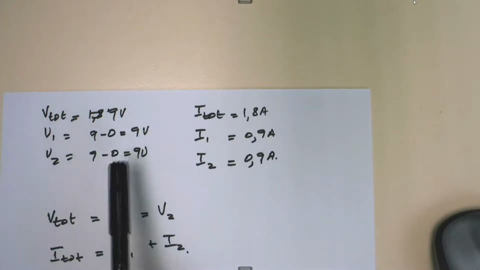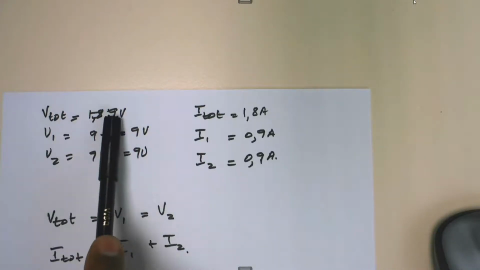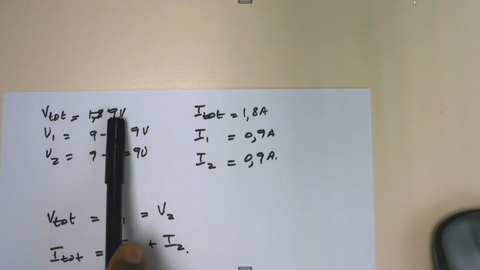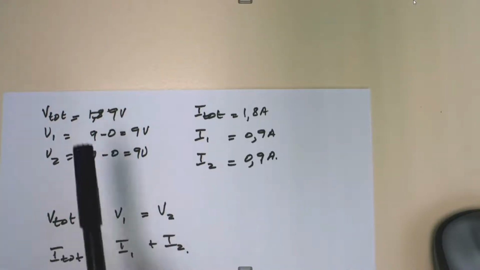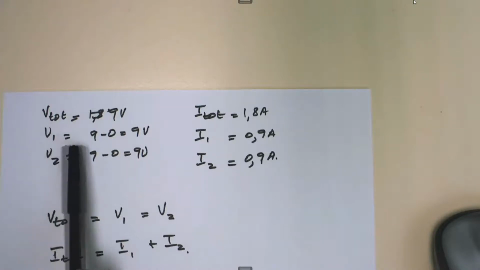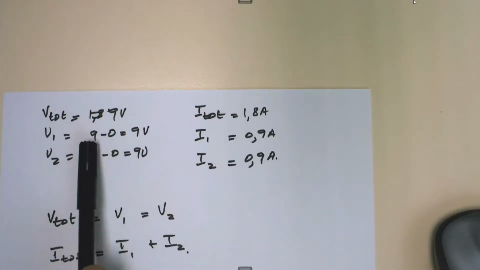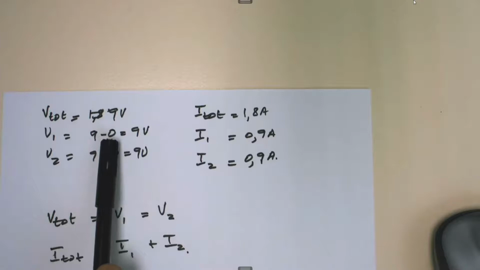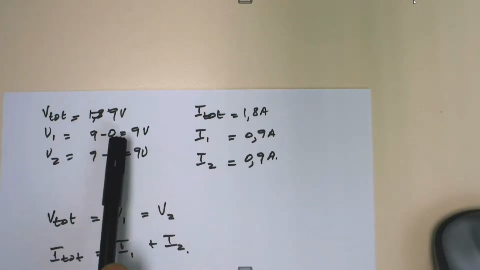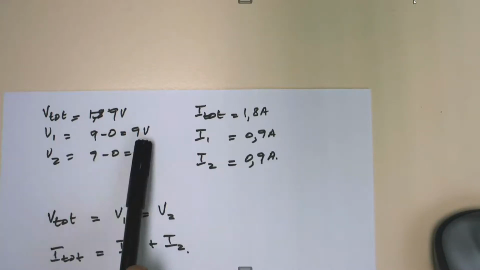You probably have noticed that the voltage across the battery, or the EMF of the battery, is 9 volts. And the voltage across R1, the potential was 9 volts at one end and 0 at the other end, which gives us a difference of 9 volts.